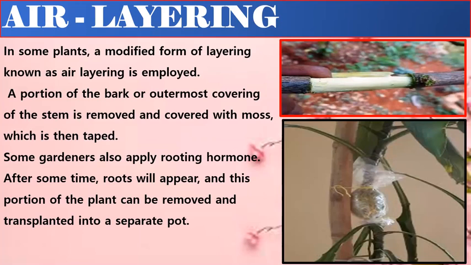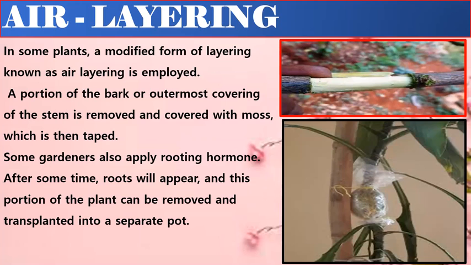In some plants, a modified form of layering known as air layering is employed. A portion of the bark or outermost covering of the stem is removed and covered with moss, which is then taped tightly. Some gardeners also apply rooting hormone.